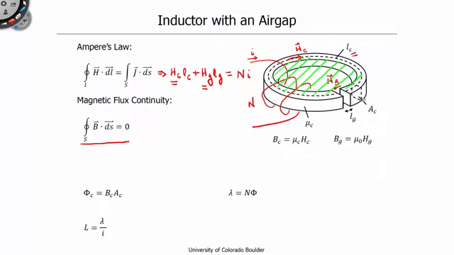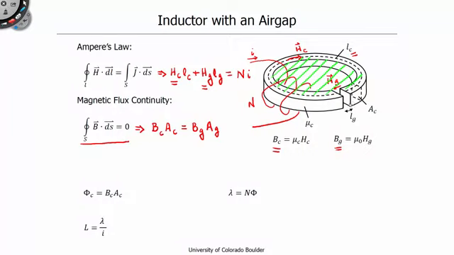That basically says that while HC and HG are not equal, I do have the total flux, which I can write as the field in the core, BC, times the cross-sectional area of the core, AC. That must equal the flux density in the air gap, BG, times the cross-sectional area of the air gap, AG, which is not shown here.